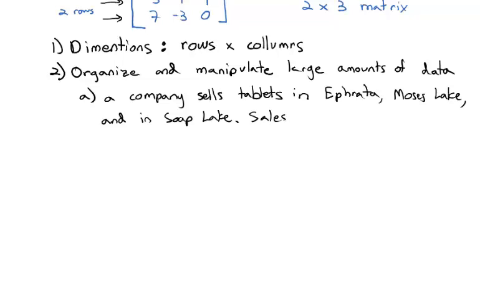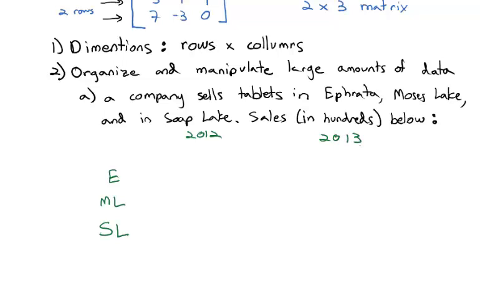Their sales in hundreds are given below. Let's say we've got, I'll do this in green, Ephrata, Moses Lake, and Soap Lake. We're looking at sales in 2012 and 2013. And they sell maybe iPads and the Google Nexus.